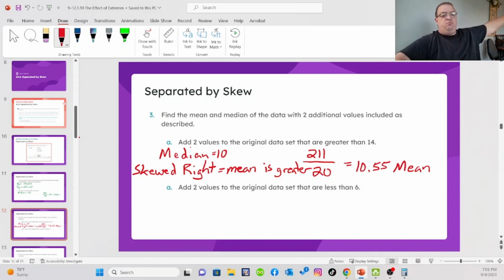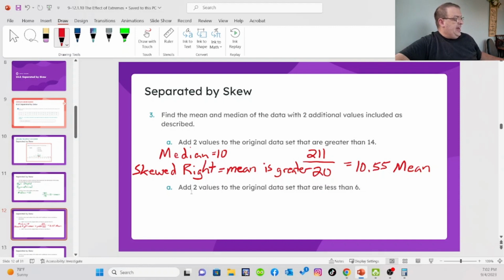The added points to the right pulled that mean with them. So if you have skewed right data distribution, your mean is also going to move to the right some. That is going to mean that your mean is greater than your median. So if you have skewed right, then your mean is greater than your median.